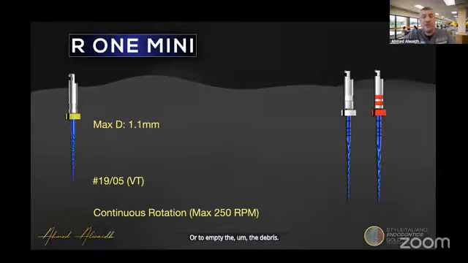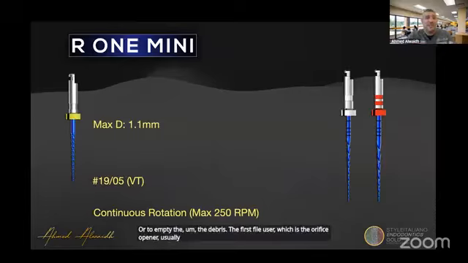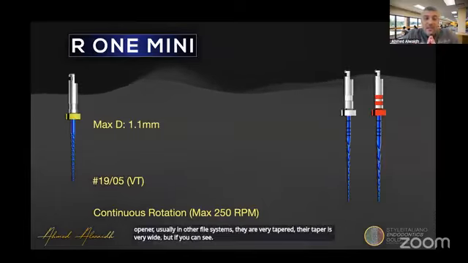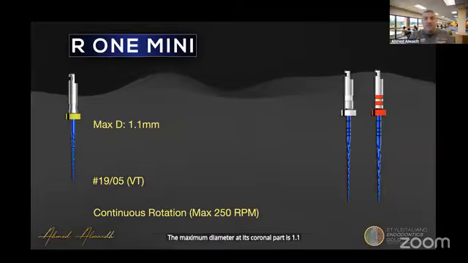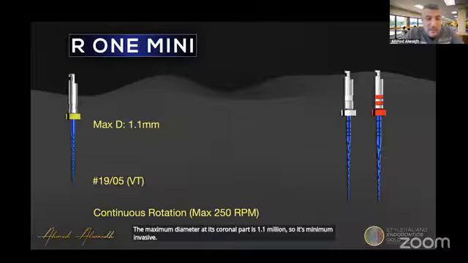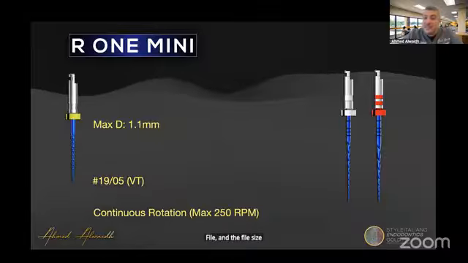The first file we use is the orifice opener. Usually in other file systems, they are very tapered. Their taper is very wide, but as you can see, the maximum diameter at its coronal part is 1.1 millimeter. So it's a minimally invasive file, and the file size is 19, taper 5, variable taperness.